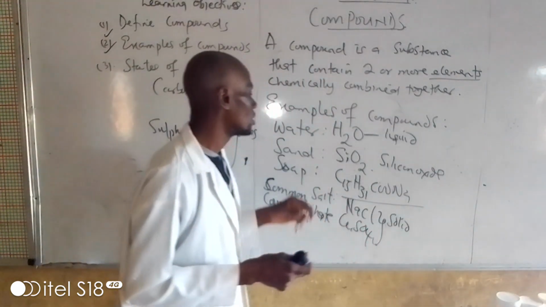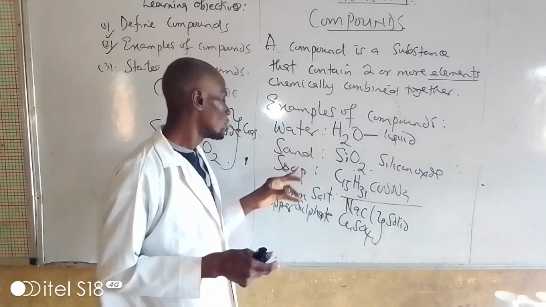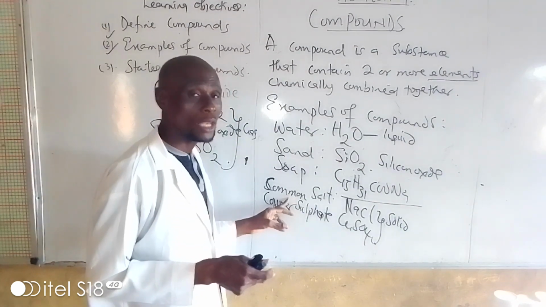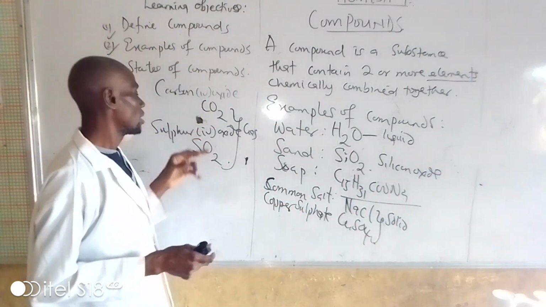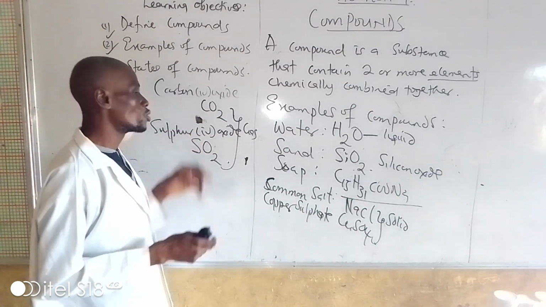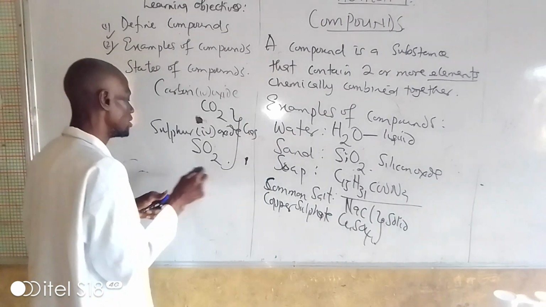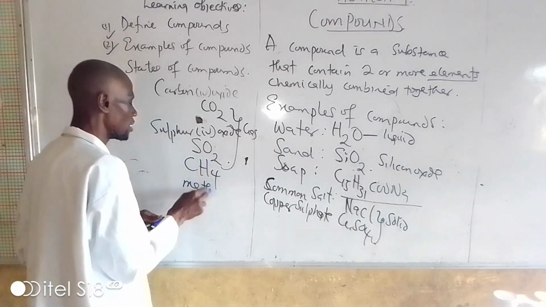There's a formula for sand, for water, for soap, for the common salt we normally use at home, and for gases like SO2, CO2 and methane, CH4. Methane is also a gas.